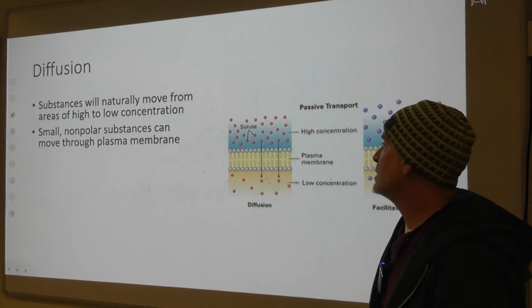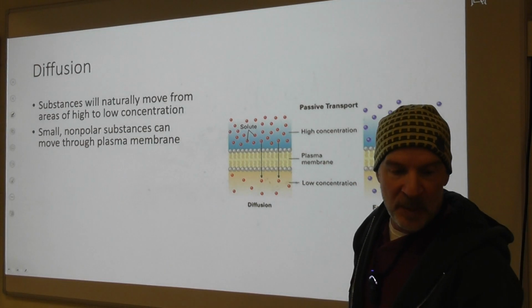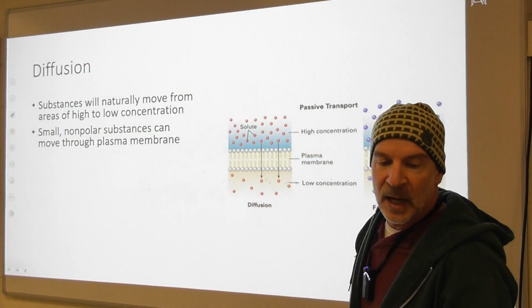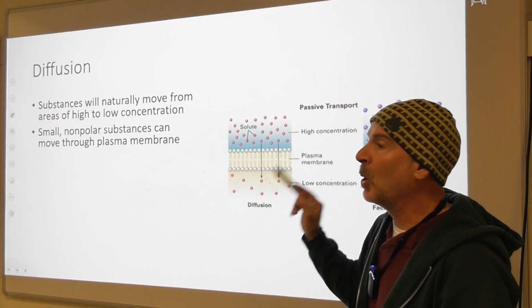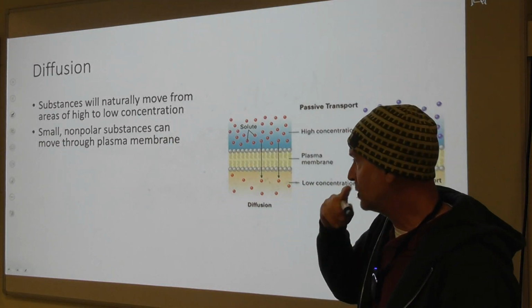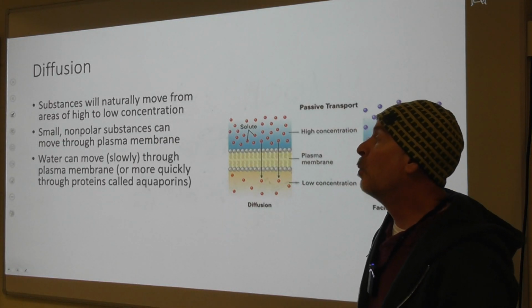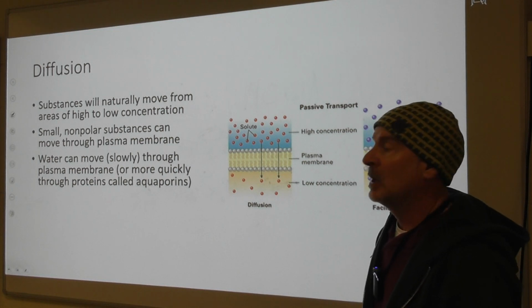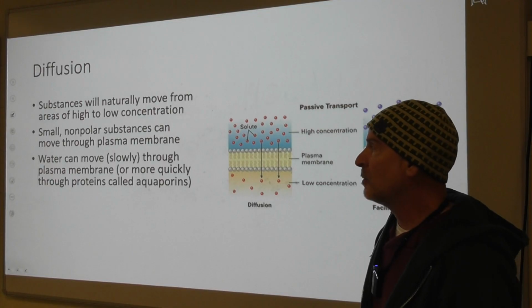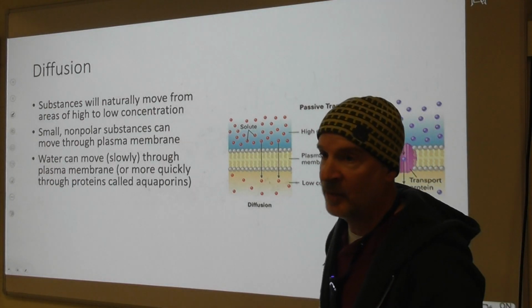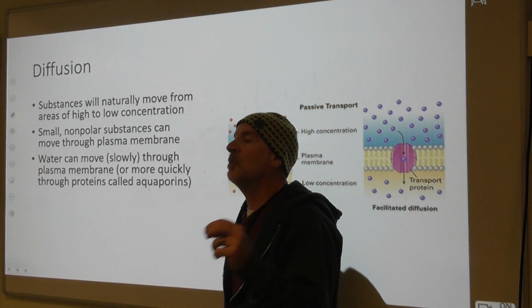And so there are things that can move directly through the plasma membrane, and those are, in general, small things that are not polar. So oxygen and carbon dioxide are two really good examples. Water is polar, but it's small, and so as it turns out, water can actually get through a plasma membrane. It can move in and out of plasma membranes, but it doesn't do it real quickly.